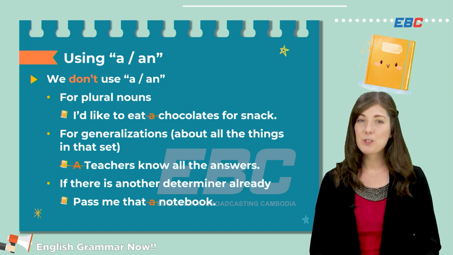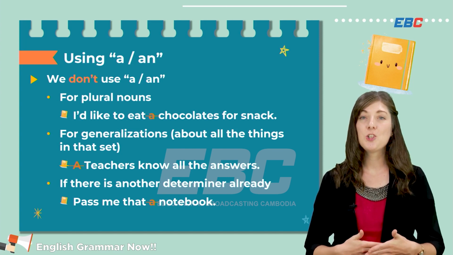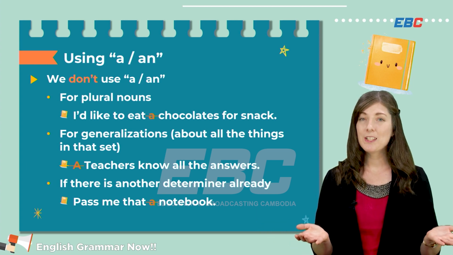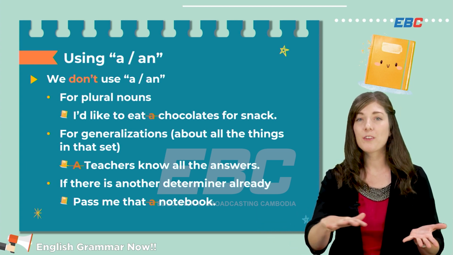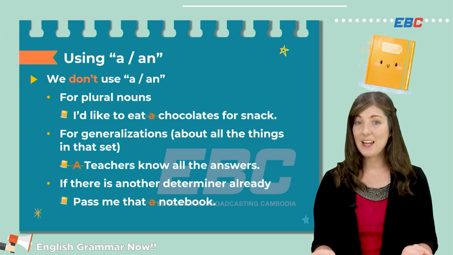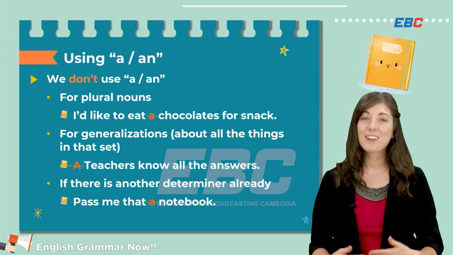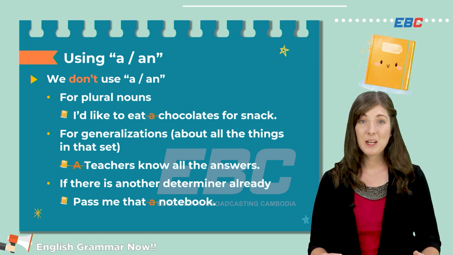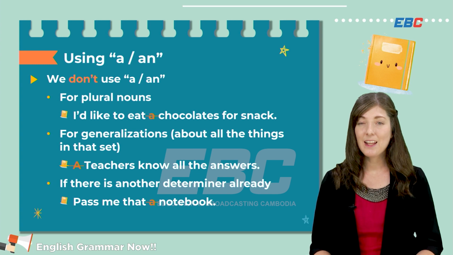We also don't use it if we're making a generalization, which means we're talking about all the things in that group. So if we're going to say, teachers know all the answers, we're talking about all teachers. So we won't use a at the beginning of this sentence.